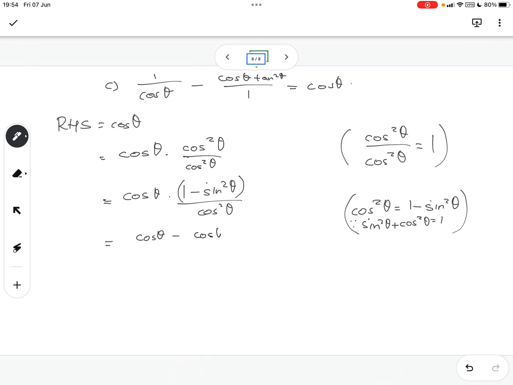Then the fourth step, we are going to multiply cos by 1 and cos by negative sine squared. So we're going to have cos theta minus cos theta times sine squared theta, and all of this is divided by cos squared theta. Is that the part that was confusing?